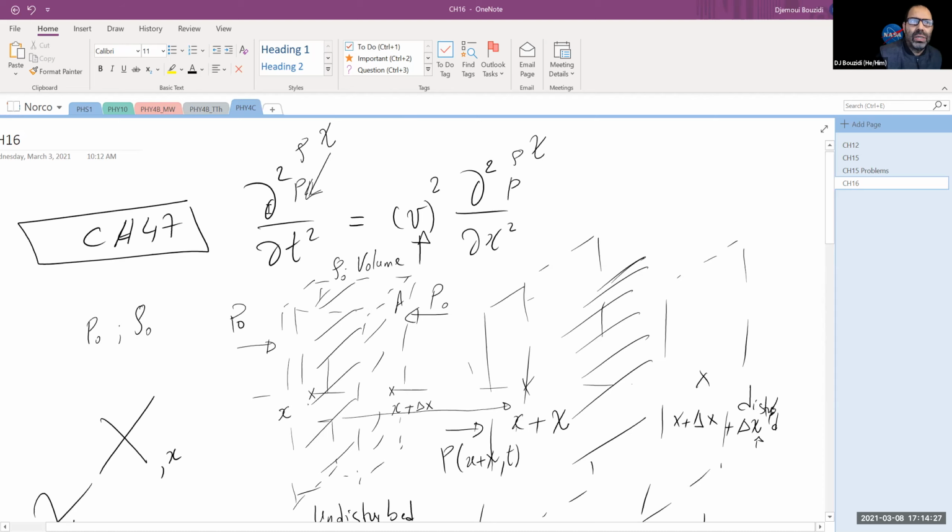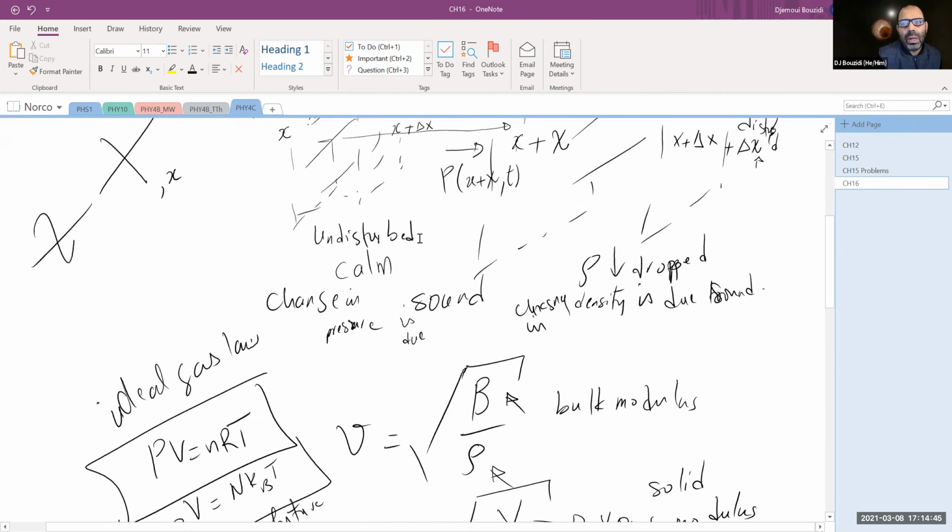If you are curious to see it for sound, I have here chapter 47 from the Feynman lectures. If you want to be satisfied to some extent with the derivation in the book, go for it, but that's not really the actual physics, because it works its way backward trying to find this equation.